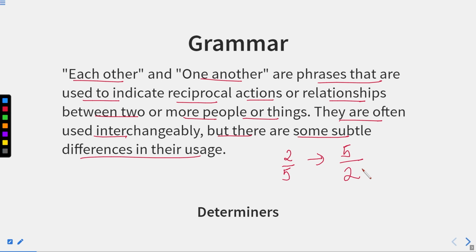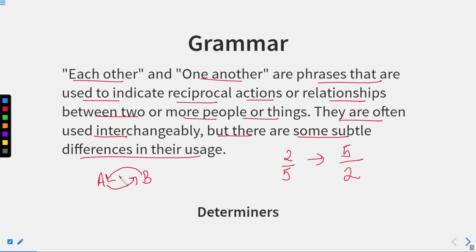Now, if I say each other, suppose there are two persons, A and B. First, one day, B needs some help. He went to A for some help and A helped him. Another time, A went to B for some help and now B did the same.